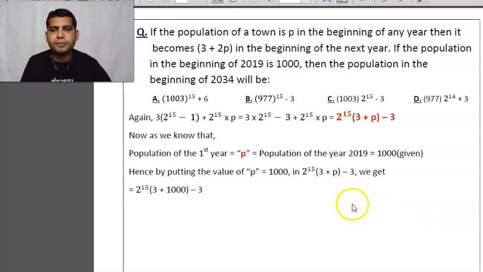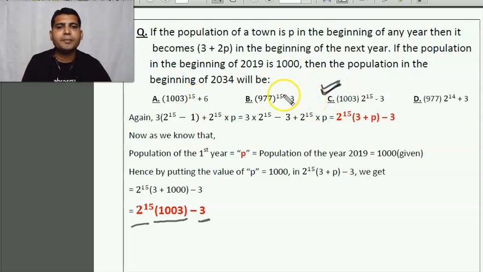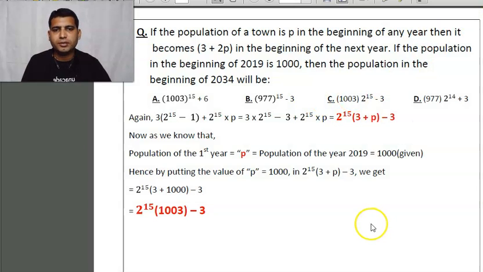We will get here 2 to the power 15 into 3 plus 1000 minus 3. When we solve it, we will get 2 to the power 15 bracket 1003 minus 3. Now let's go to the options. So we can see that option number C is the right answer of this question.